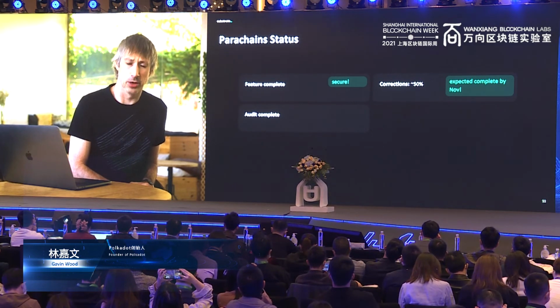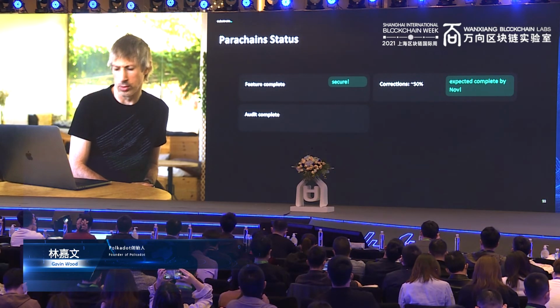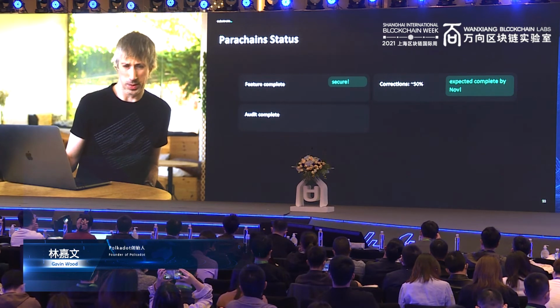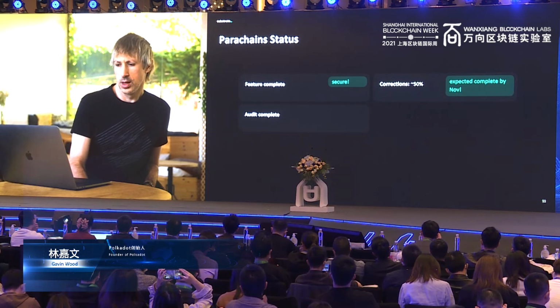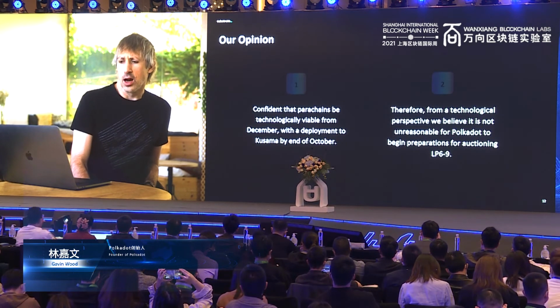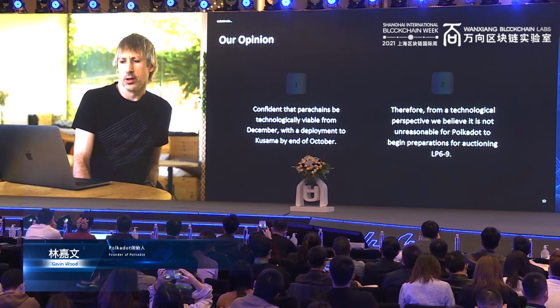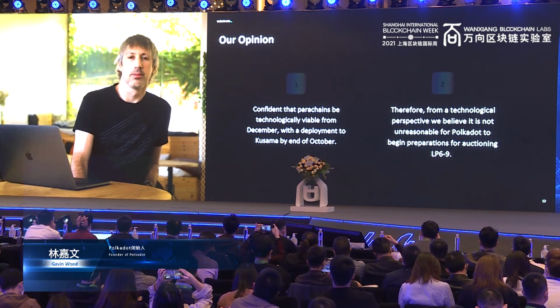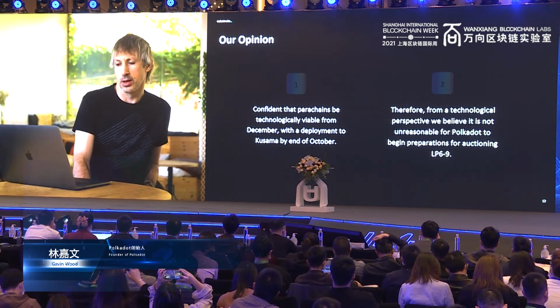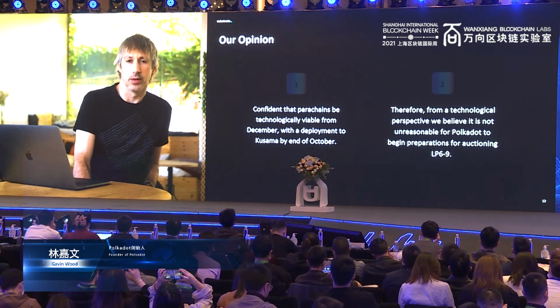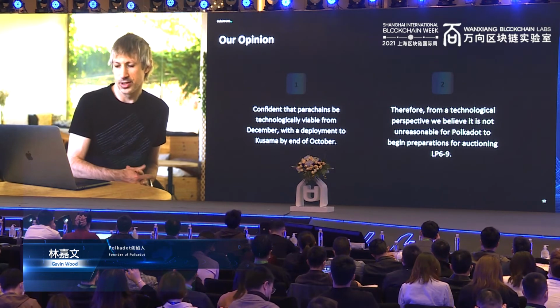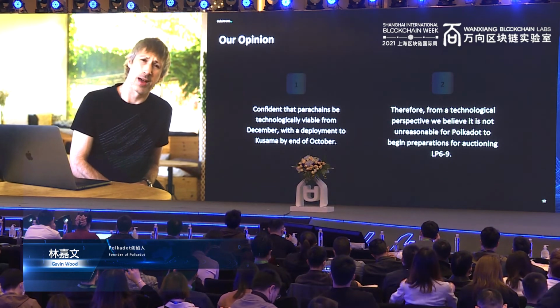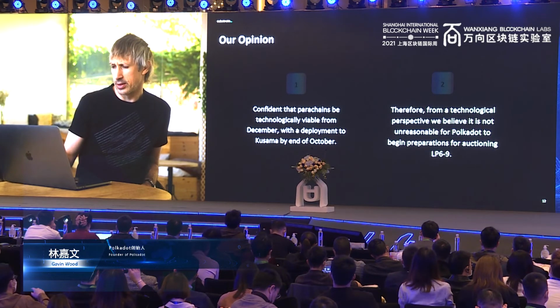And we do expect this code to be deployed into a canary network, so a value-bearing network, in the very near future, probably in the next 1 to 2 weeks. We are reasonably confident, therefore, that parachains will be technologically viable from mid-December, probably from early December, and our confidence in this will of course be cemented by a deployment to a canary network in the next few days.